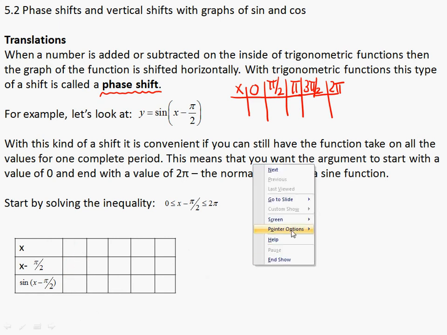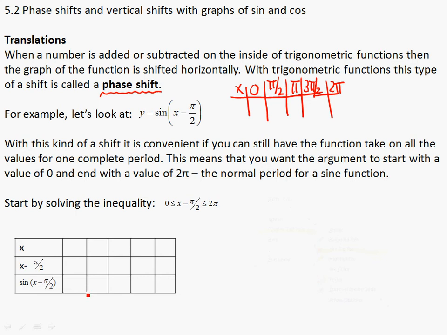What I'm shooting for is the following pattern. This pattern is what needs to be the same in every single table that you use for sines. And that would be the pattern for the sine, which starts at 0, goes up to 1, 0, negative 1, 0. So what we're going to do is adjust these values here.